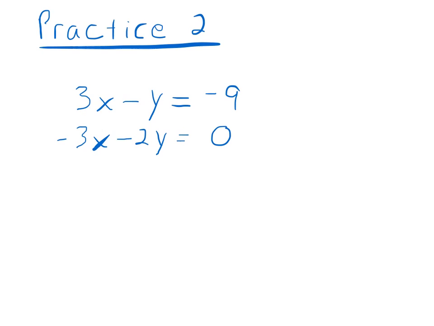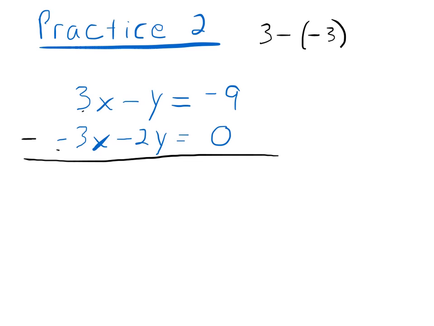So then we ask ourselves, how are we going to cancel them? Are we going to add or subtract the two equations? Well, let's think about this. If we subtract them, and don't write this down yet, do on your calculator 3 minus -3.